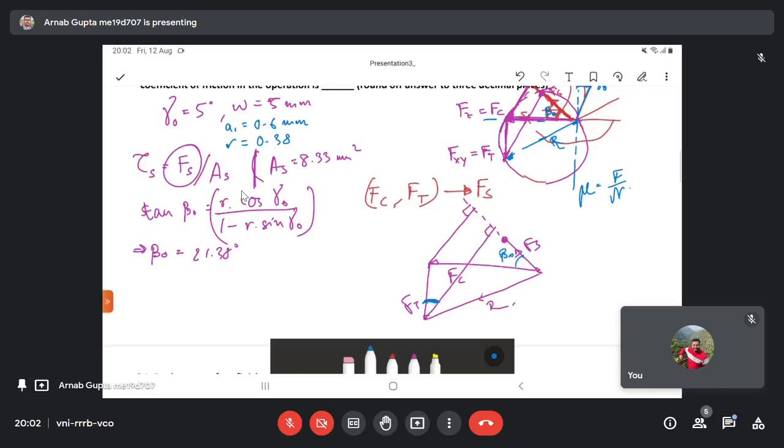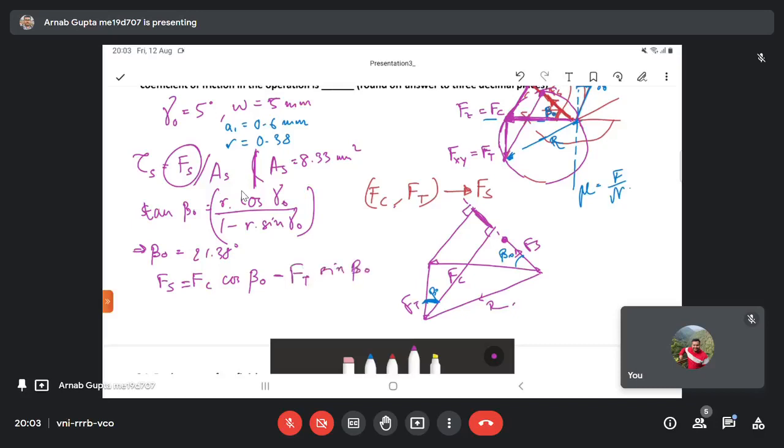This angle will also be beta naught, right? How can we say that? Yes, this is also beta naught. So simply you can write from here that Fs is equal to Fc cos beta naught minus this particular value. What is that? Ft sin beta naught.